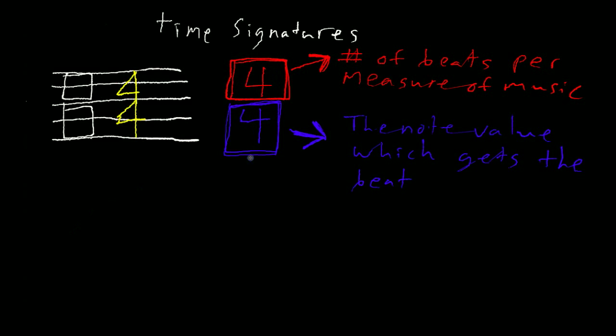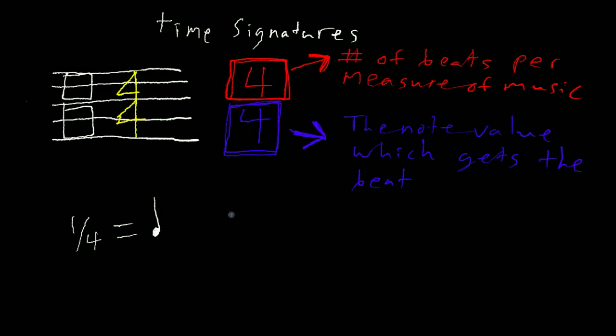So if there's a 4 down here, I just do 1 over 4, and that means a quarter. So a quarter note is what gets the beat in this particular time signature. Because we have a 4 down here, we take 1 over 4 and we get a quarter note.